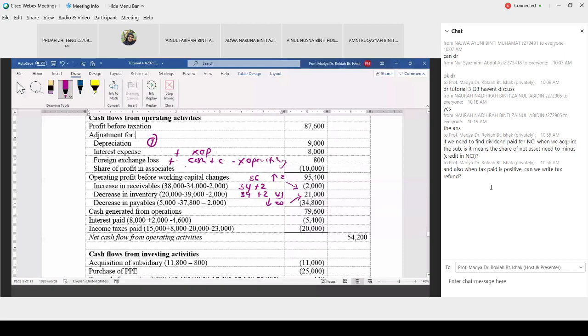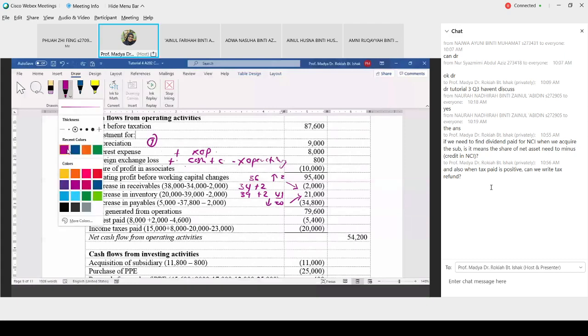Okay, so done with this one, and then we look at the decrease in trade payables. The beginning balance that you have for payables here is 37,800, and then you minus 200, so you're going to have 37,600.